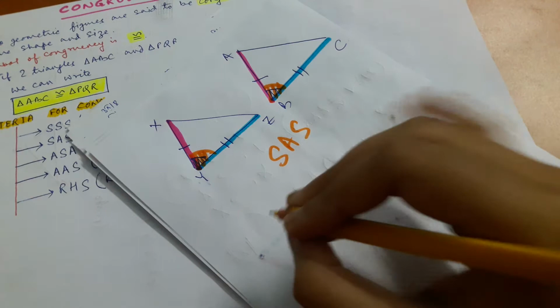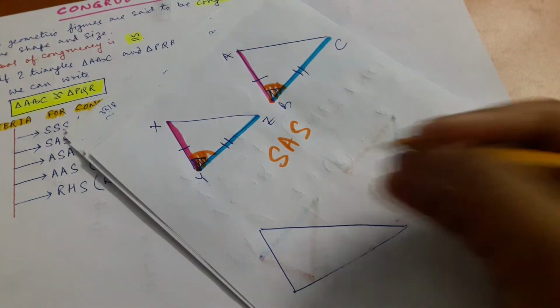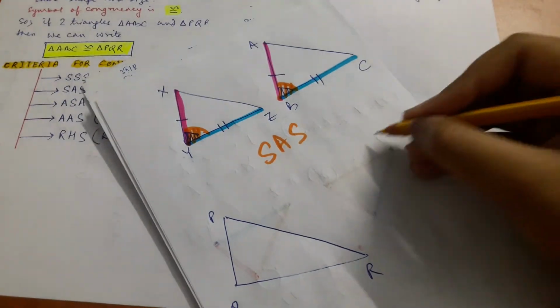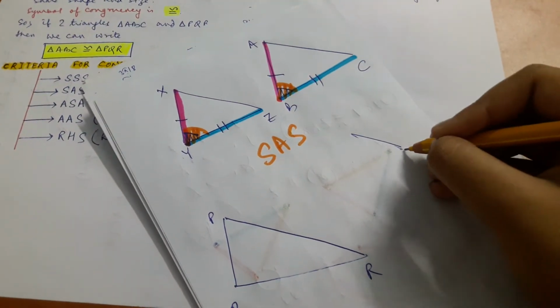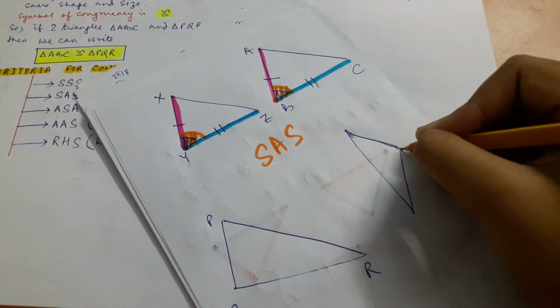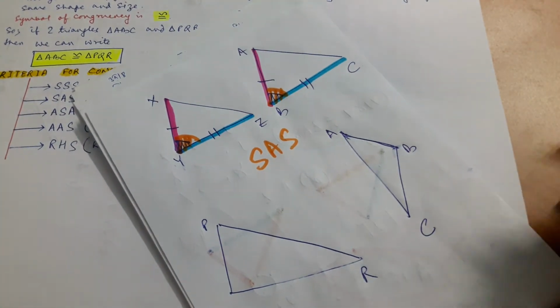Suppose this is a triangle, say PQR. This is a triangle ABC.